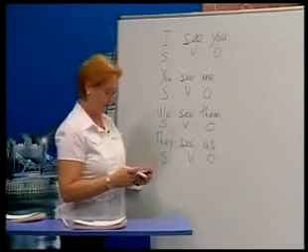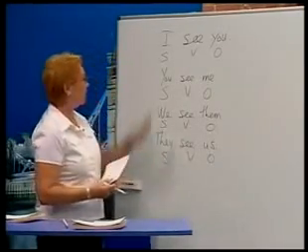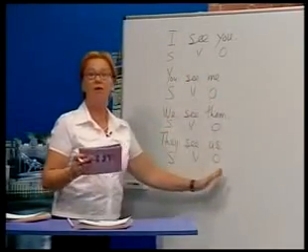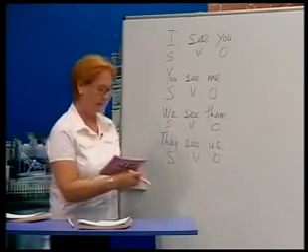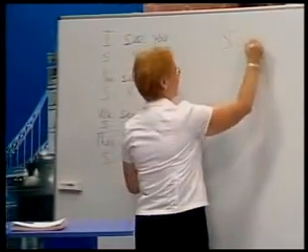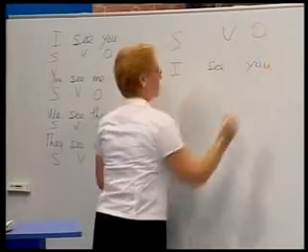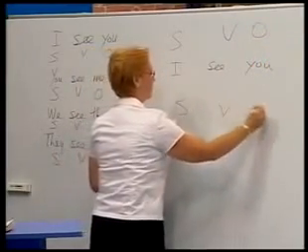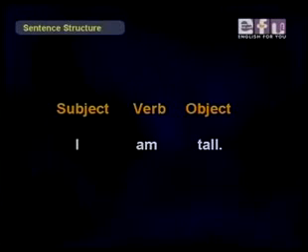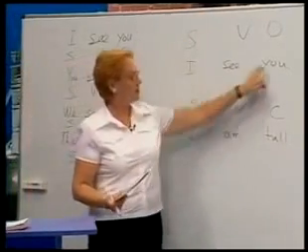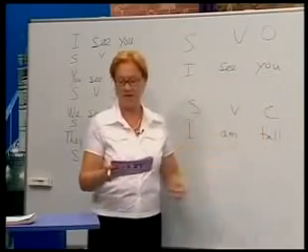Okay, now remember, in sentence structure, subject, verb, object, or complement. So, subject, verb, I see you. This is the object. Or subject, verb, complement, I am tall. Subject, verb, object, or complement.